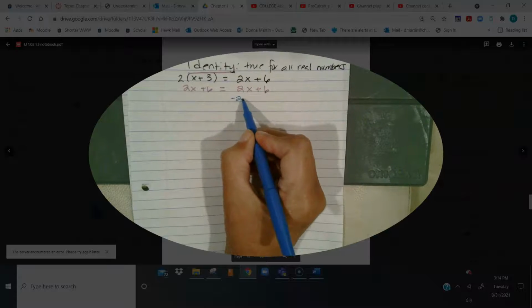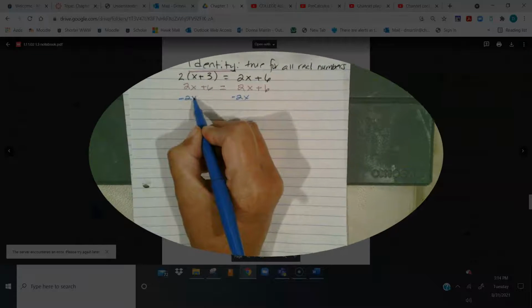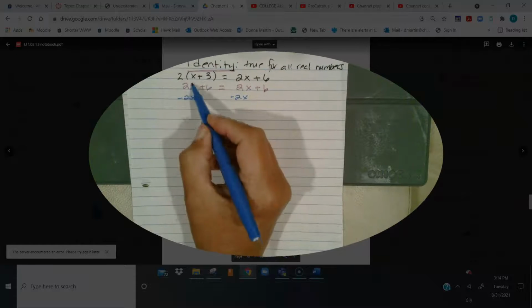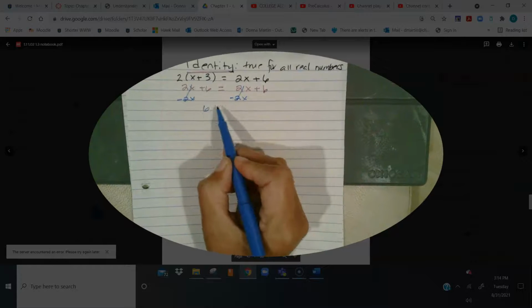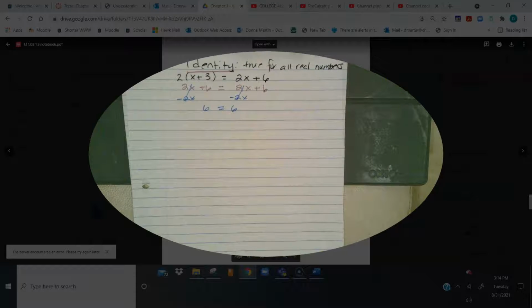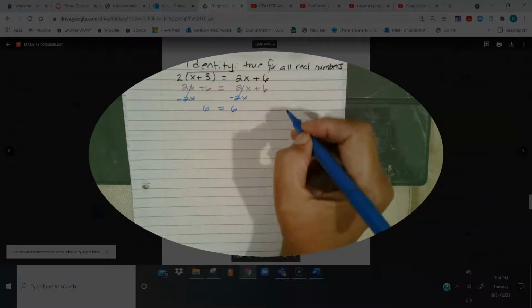If you don't notice that and you are still using your equation solving algorithm skills, you might know that you needed to group your linear terms and your constants together. To move a linear term, I would have to subtract 2x from both sides. Those would cancel, and then I would have the statement 6 is equal to 6, which is still true. This is an identity.